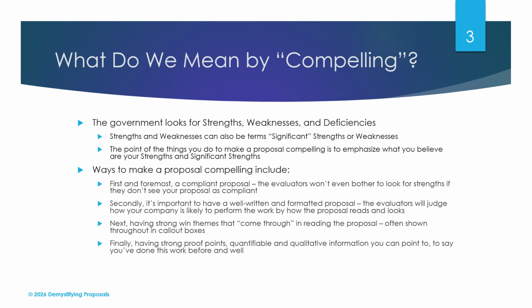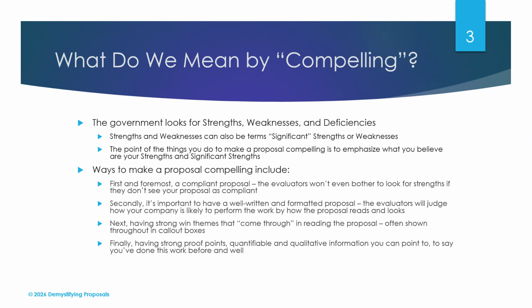Ways to make a proposal compelling include, first and foremost, obviously, a compliant proposal. The evaluators won't even bother to look for your strengths if they don't see your proposal as compliant. Secondly, it's important to have a well-written and formatted proposal. The evaluators will judge how your company is likely to perform the work by how the proposal reads and looks.